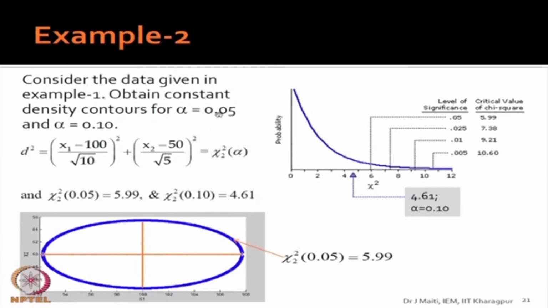Now, when alpha equal to 0.05, this will be chi square 0.05 with 2 degrees of freedom, since the variables are 2, and this value is 5.99. So, this ellipse is what is taken into consideration, chi square 2, 0.05 is 5.99, which means all the points on this ellipse have equal density value.